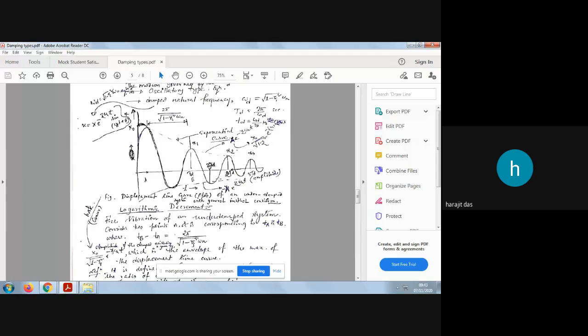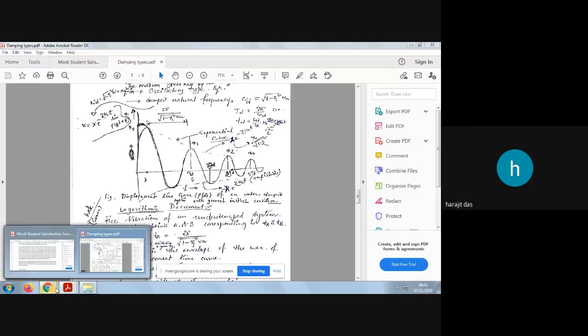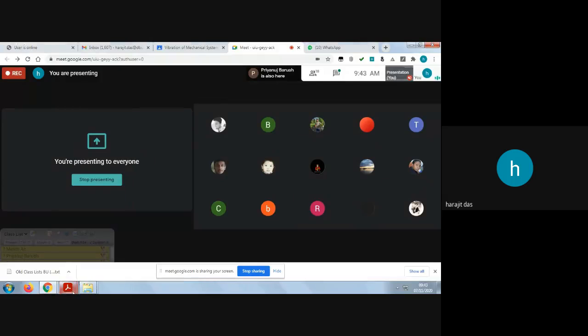So here in this underdamping condition, one very important term, the logarithmic decrement, came into the picture, because this is exponentially decreasing. The amplitude in each of the cycles is exponentially decreasing.